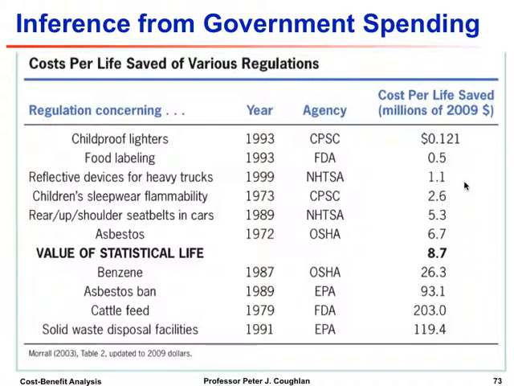So maybe the government doesn't give a consistent indication of what they think a life is worth. But we certainly can compare programs and say, look, child-proof lighters, that's a no-brainer. Solid waste disposal facilities, cattle feed, I'm not so sure that's really worth it, given what it costs per life saved.